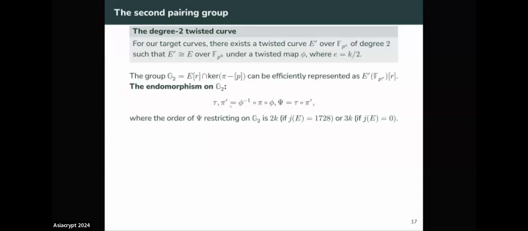By combining the two maps together, we get a new map psi. If we restrict the map psi on the group G2, then the order of psi is equal to 2 times k or 3 times k.